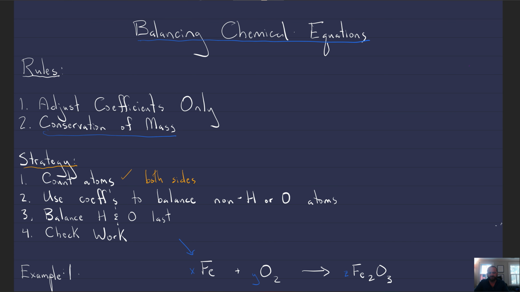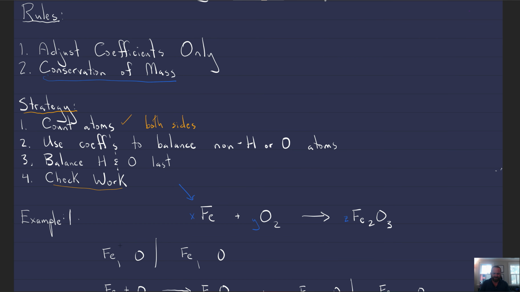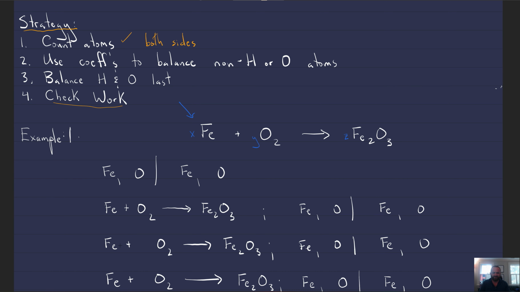Use the coefficients to balance non-hydrogen and non-oxygen atoms and molecules first, if possible. Then balance hydrogen and then oxygen last. This is always a good idea. Check your work. Not necessarily required if you are confident that you got it, but it's highly recommended.